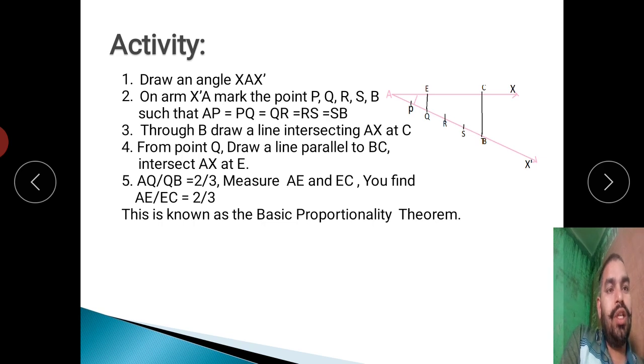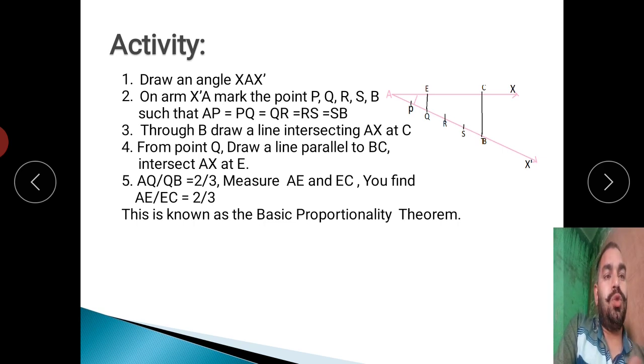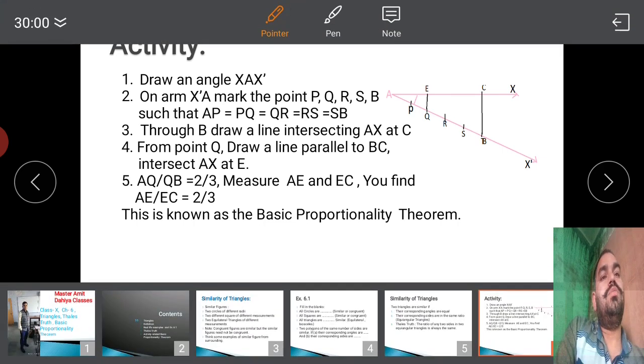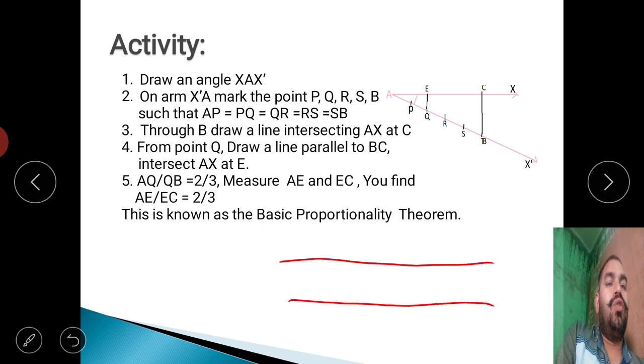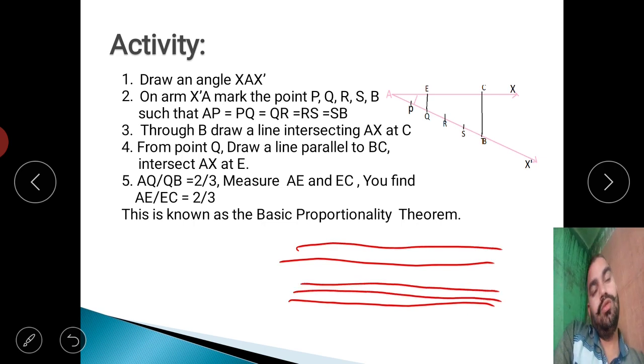How, we will see in the next video, but I suggest you try another activity. Take a Hindi notebook like this, in which all the line gaps are equal.